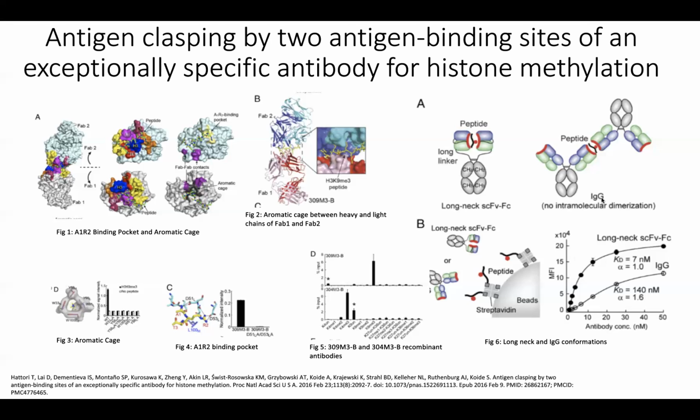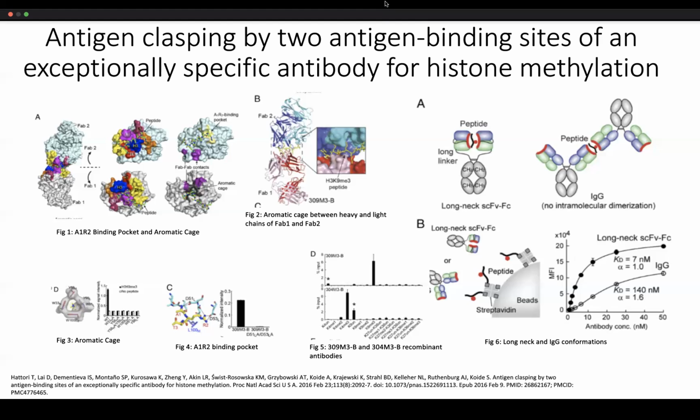So comparing that regular IgG and the long neck, we have actually a higher binding property of the long neck scFv, which means higher specificity, but a lower cooperativity, which means that it will be altered less in the process.